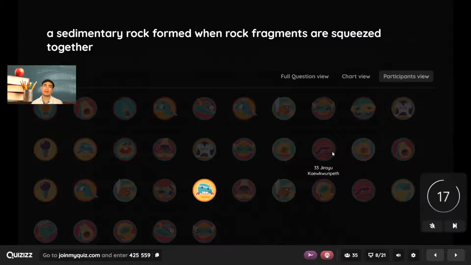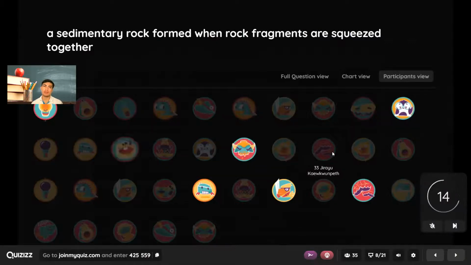A sedimentary rock forms when rock fragments are squeezed together.